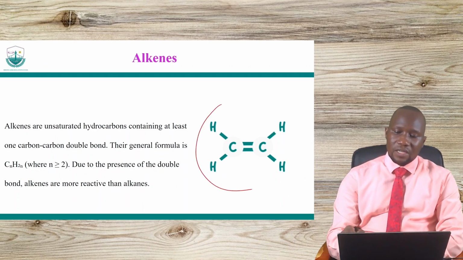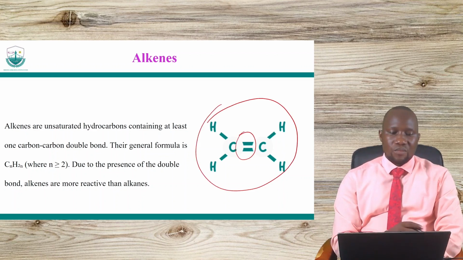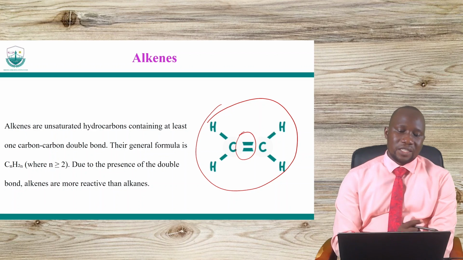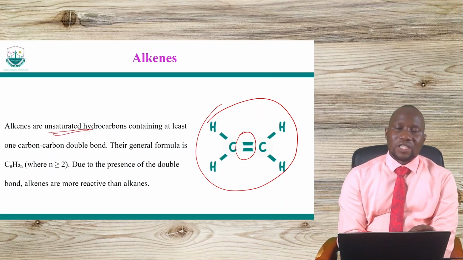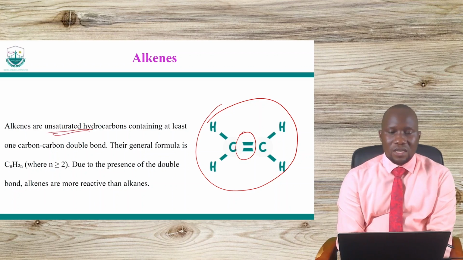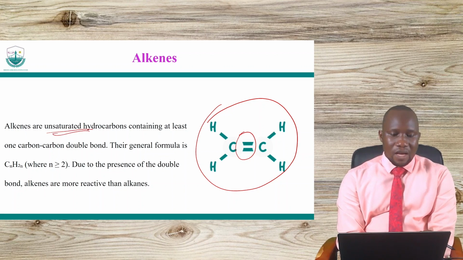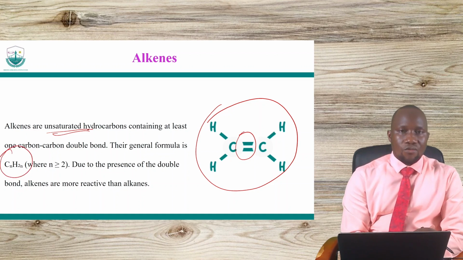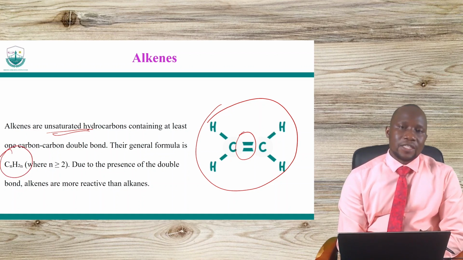So, like I said, the double bond has to be there. The presence of the double bond makes them what you call unsaturated, and they have a general formula CnH2n.